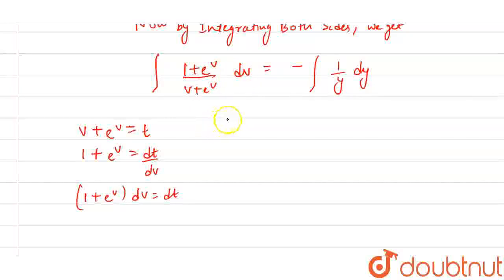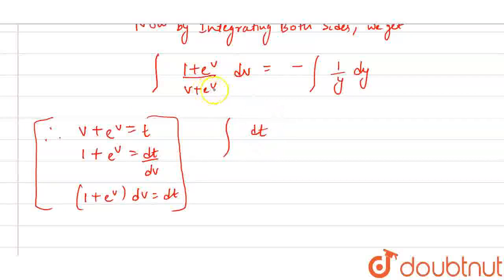So here we get the integration of dt divided by (v plus e^v), which is t. So this will become dt by t equals the negative of 1 by y dy.